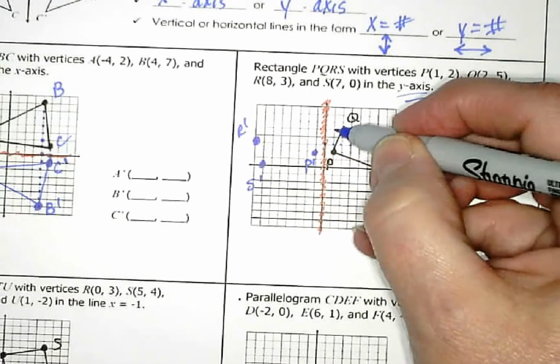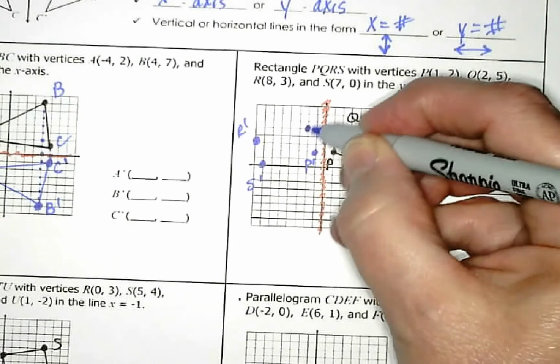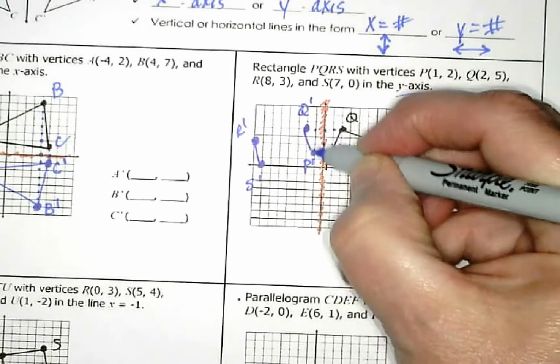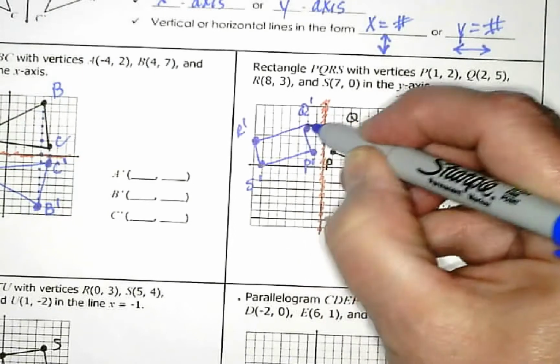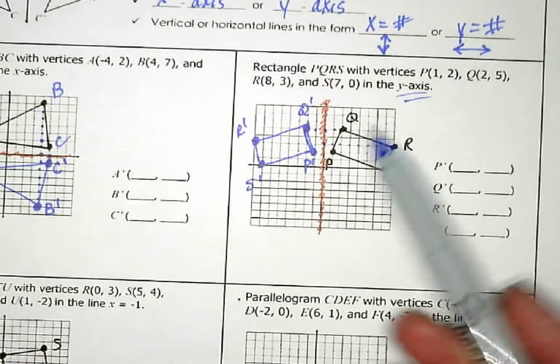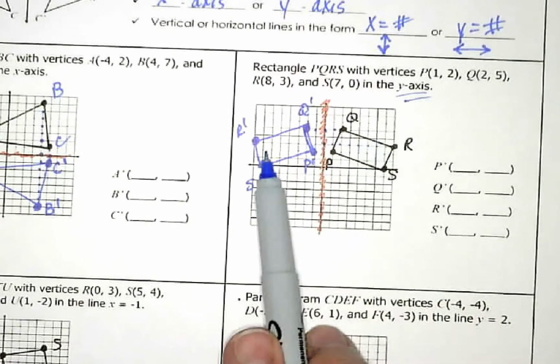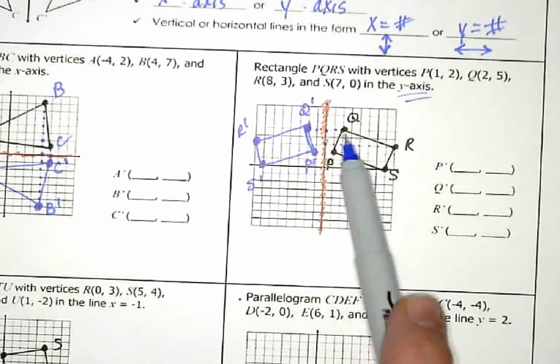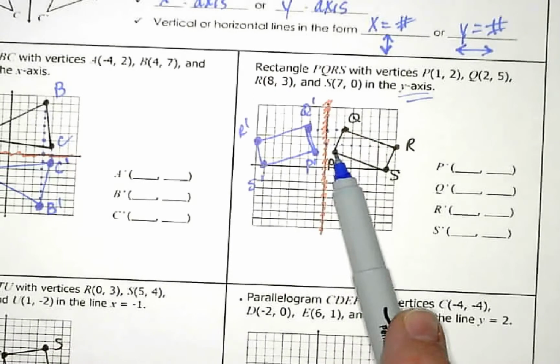Q is going to be just 2, and 2 more. There's my Q prime, and there's my new image. Done. We've reflected this rectangle in the y-axis. I've flipped it over that line. The closest ones are still the closest ones.